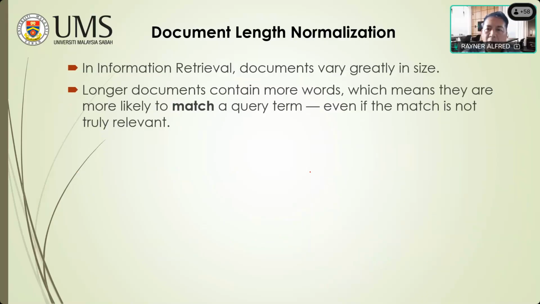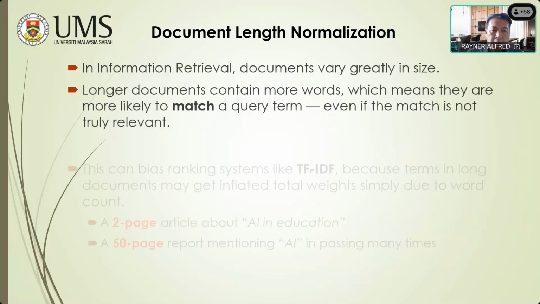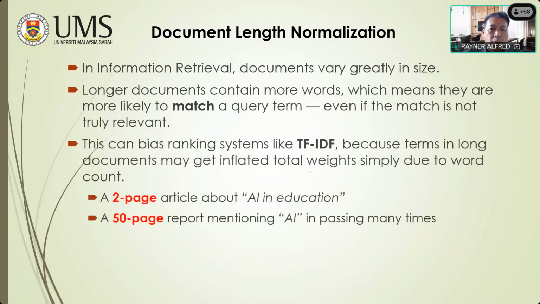So we need to normalize the document. We do not want a biased ranking, because terms in a long document may get inflated total weight simply due to the word count.